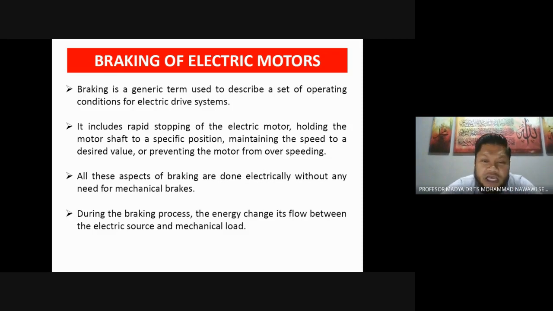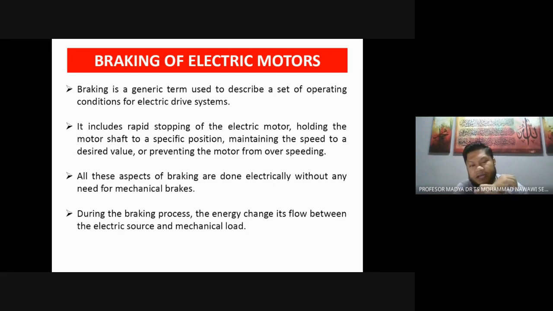And finally, you want to prevent the motor from overspeeding. Again, you can think of a car going down the hill. The car will roll over speeding.